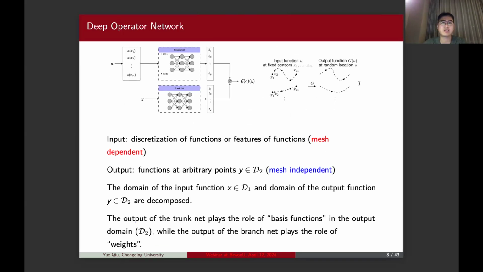It does not require any specific parameterization of the branch net and trunk net. The DeepONet framework has discrete inputs of the parameters, so this part is mesh dependent, but the output is in a continuous form, so it does not require any mesh information.